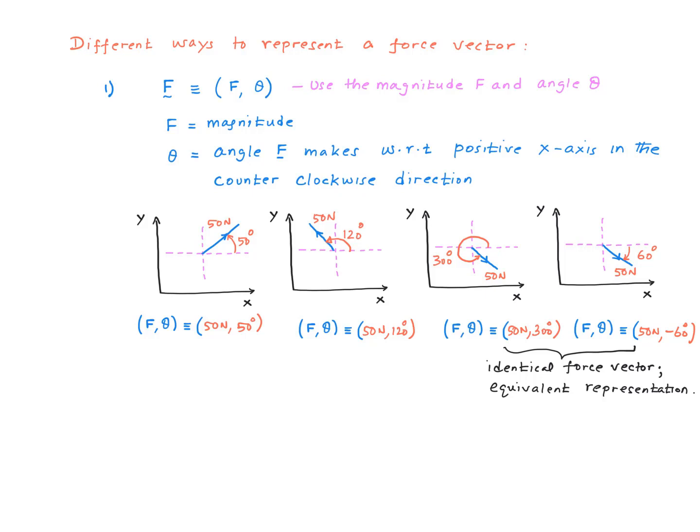Since force is a vector, I have a little underbar on the left side of this equation, right? This F that I have on the right side does not have an underbar, so we are using that to represent the magnitude. One of the common ways to represent the angle theta is shown in this picture. Theta is the angle that the vector F makes with respect to the positive x-axis in the counterclockwise direction.